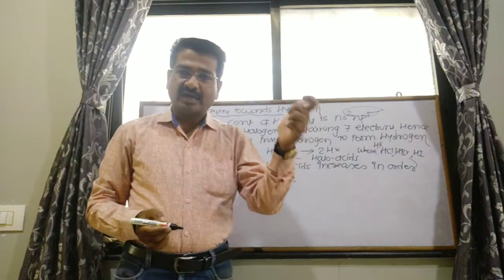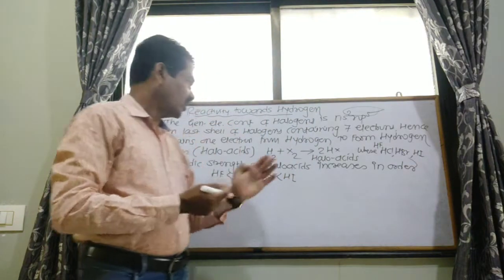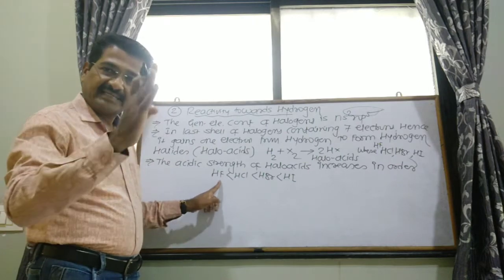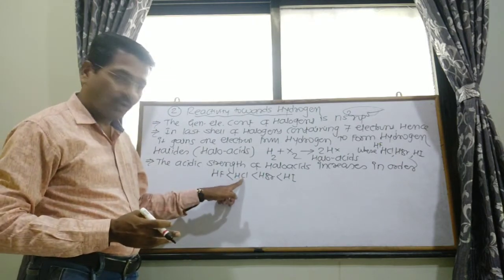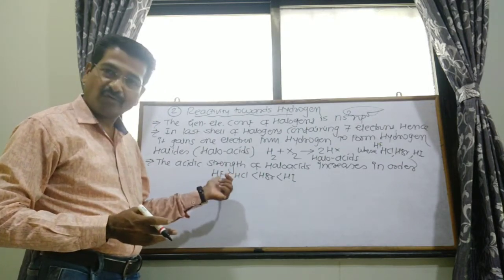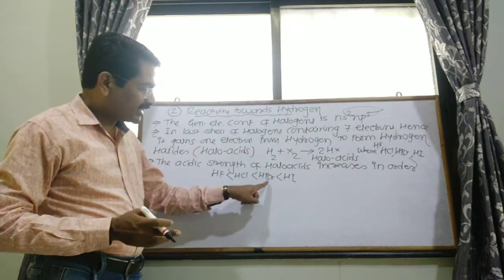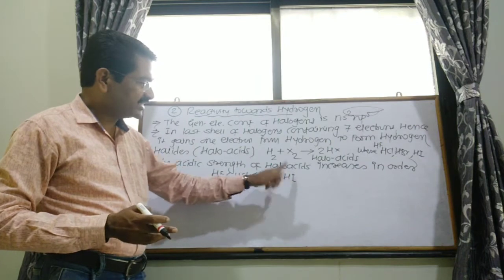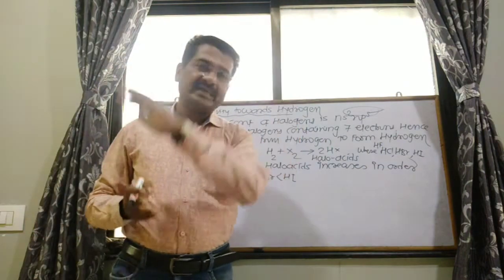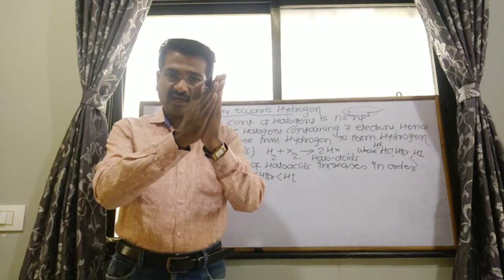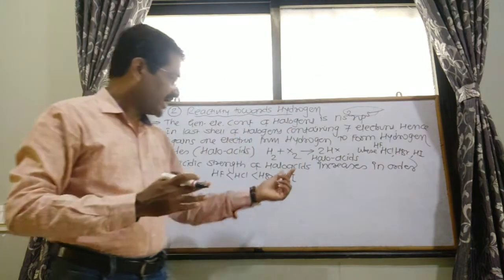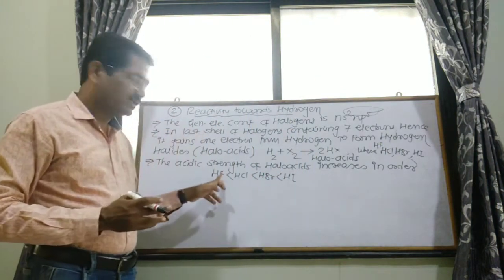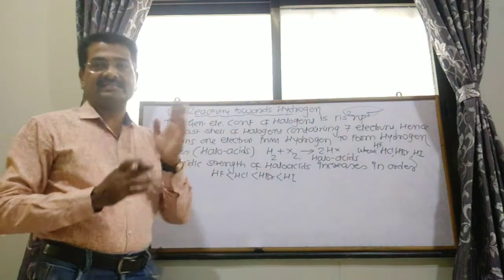This indicates that the acidic strength of hydrochloric acid is more than hydrofluoric acid, hydrobromic acid is more than hydrochloric acid, and hydroiodic acid is more than hydrobromic acid. Means that among all the haloacids, hydroiodic acid is more acidic than hydrofluoric acid.